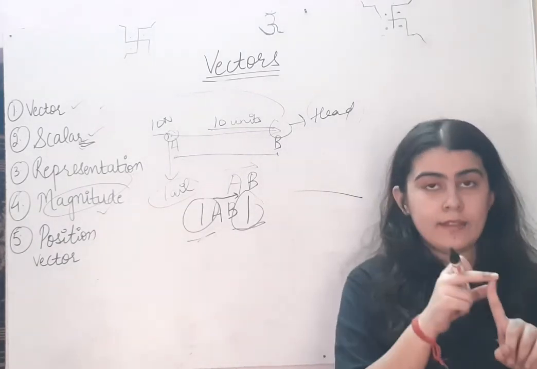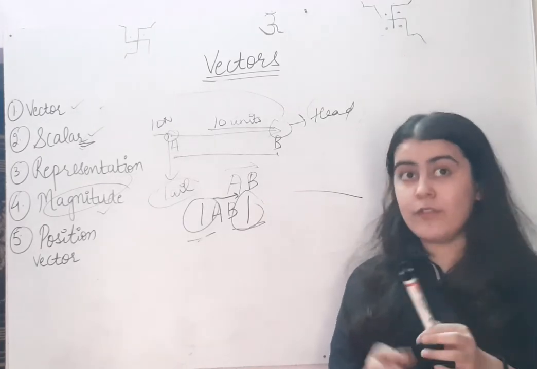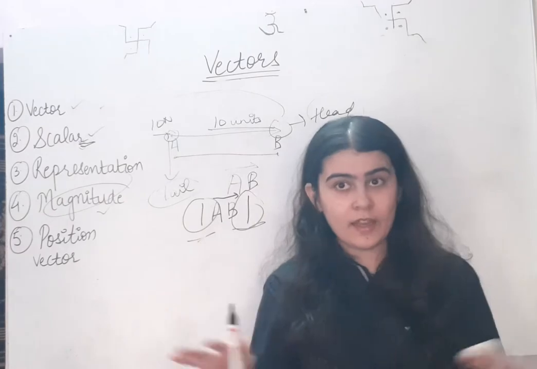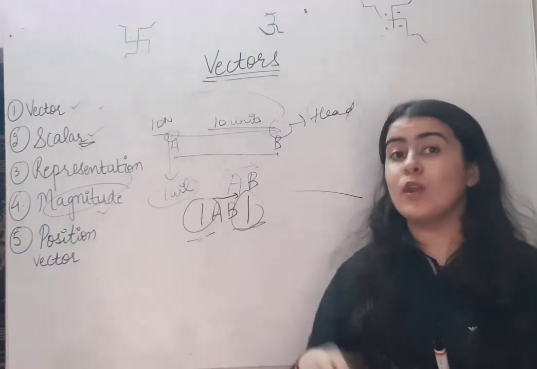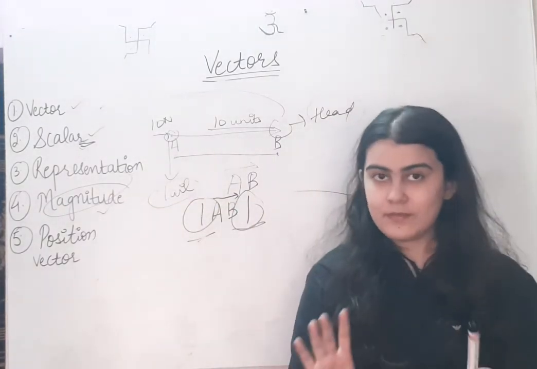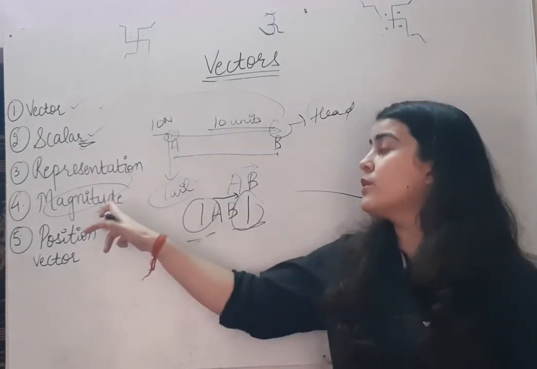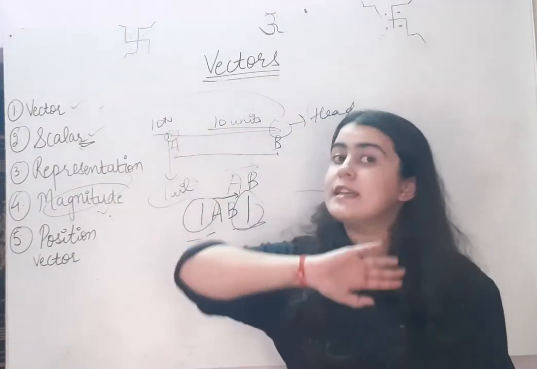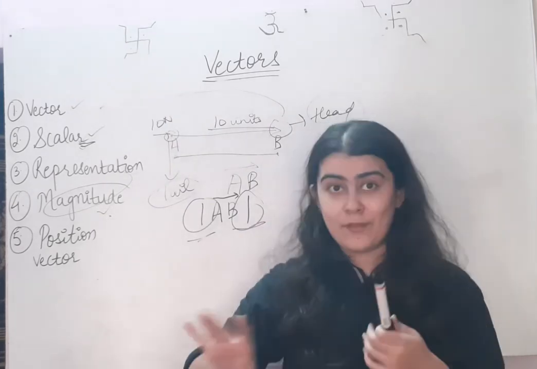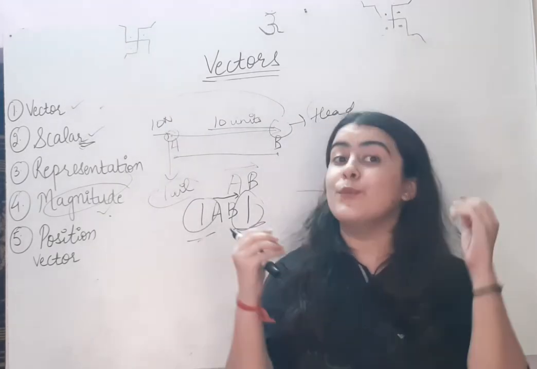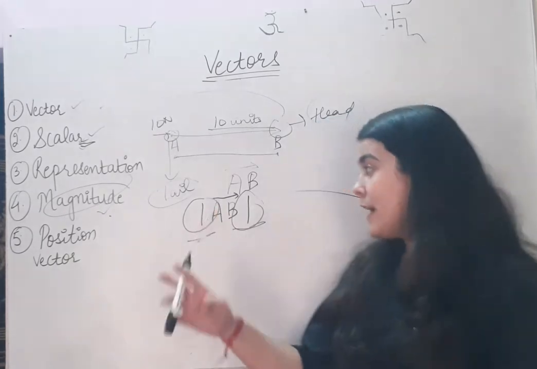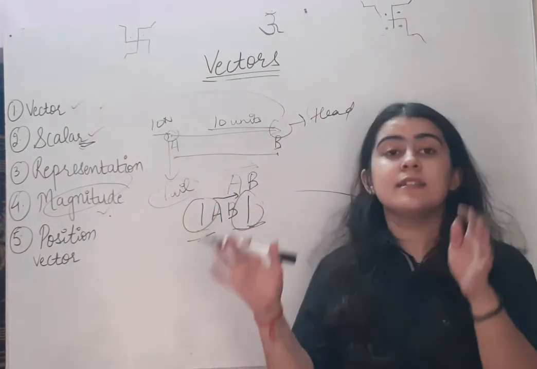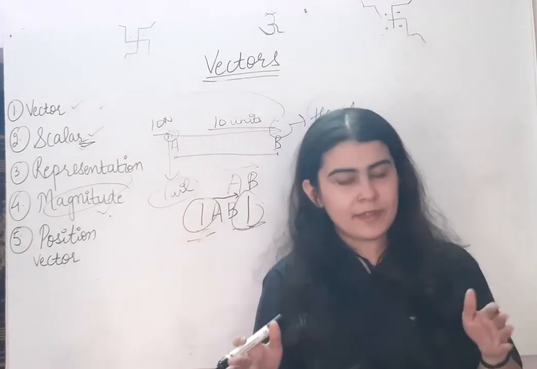The length of this marker can't be negative, the weight of this marker can't be negative, my weight can't be negative, the length of this board can't be negative. So the magnitude can never be negative. The height is never negative, the length is never negative, the breadth is never negative, the weight is never negative. So that's why we apply a modulus, so that the answer doesn't come in negative.